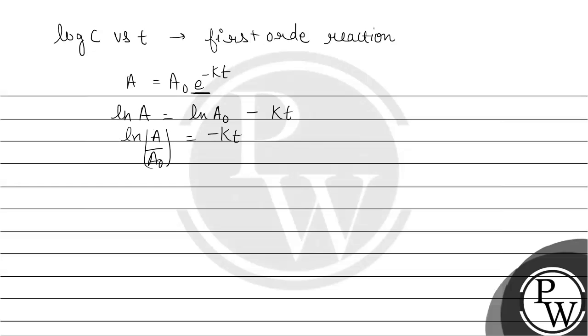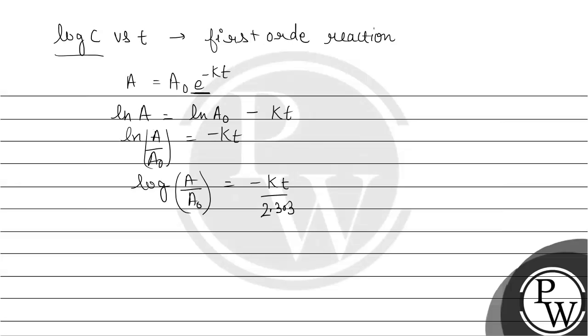ln represents the natural log and जो हमारे पास question में given है that is log c. So log में convert करेंगे तो multiplication में आता है 2.303, log of a upon a naught, and 2.303 को हम denominator में यहाँ पे ले जाएंगे.